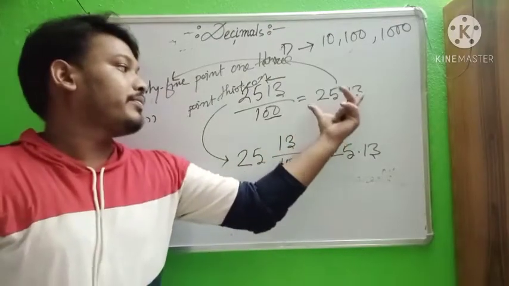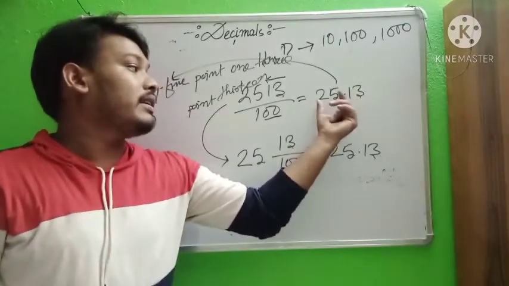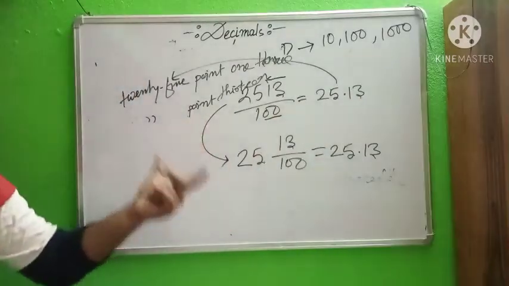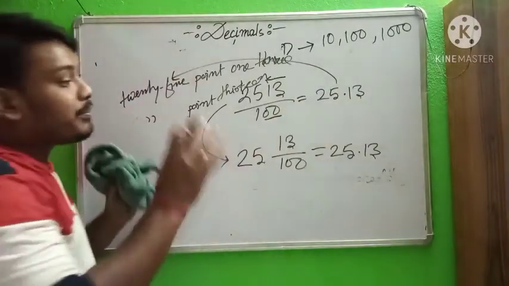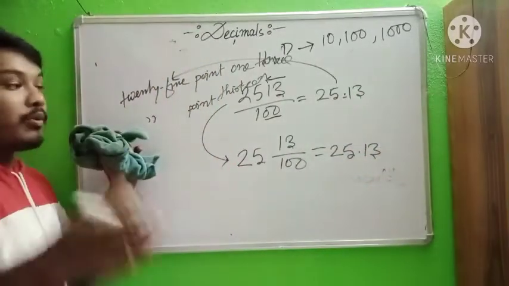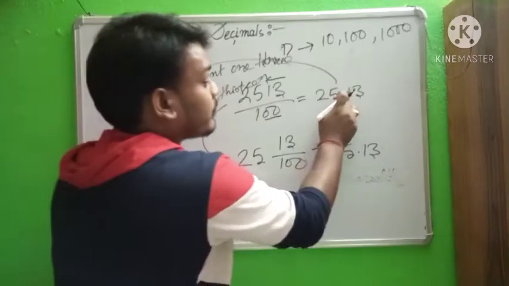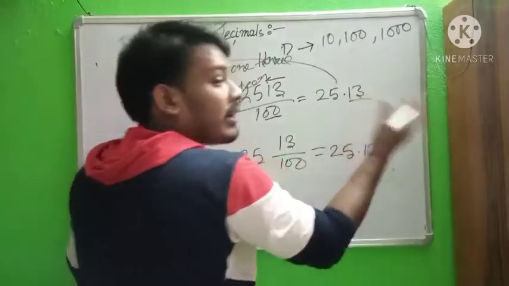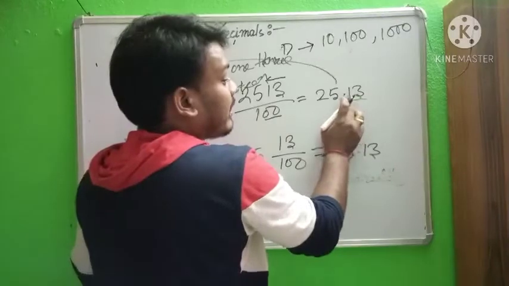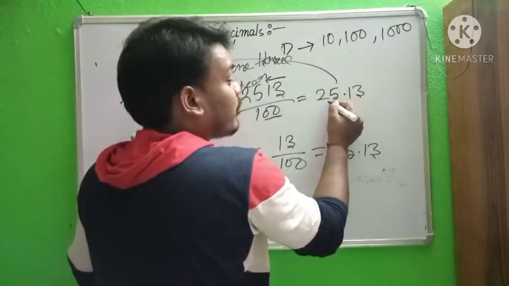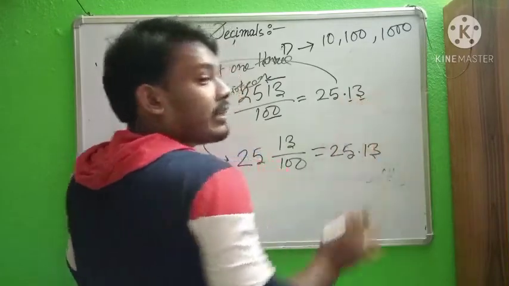If we write it in words in this way, then your answer is totally wrong, because after the decimal point we tell the digits individually, not add them together. So here two digits are there, so we say twenty-five point one three.